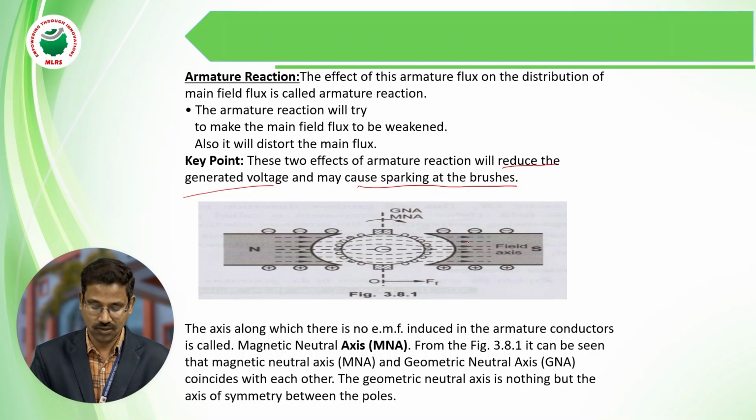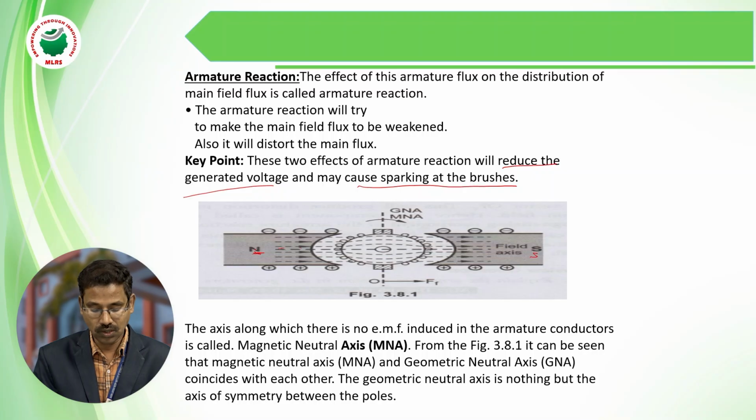With DC excitation, whenever field current passes through the field winding, according to the thumb rule, magnetic flux is produced. That flux goes from the north pole to the south pole through the air gap and the armature. This flux is a steady, uniform flux.